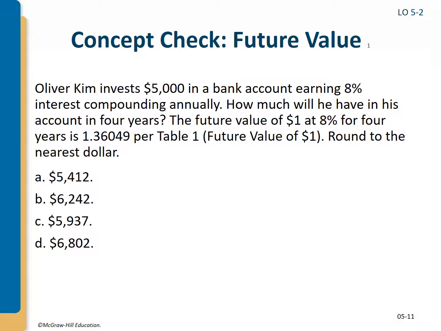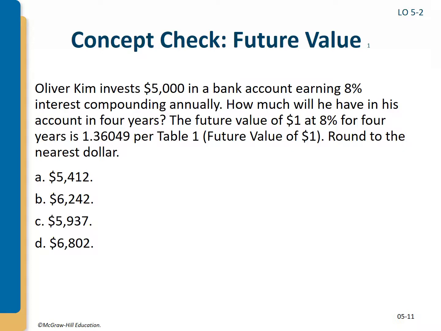If the interest rate it's earning is 8% and it compounds once a year, well, then I want to solve for the future value. So I'm going to use the future value of $1 because I'm investing $1 basically. I'm making one investment and then I want to see what that one investment will be in the future.